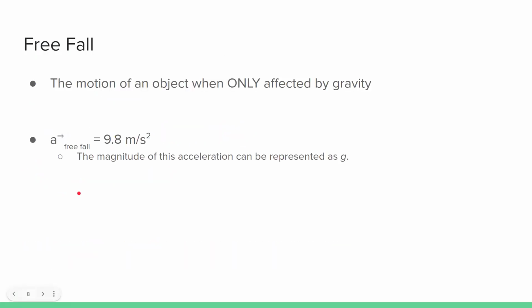All right, last thing I'm going to talk about just quickly is free fall. If an object is in free fall, then we are saying that it's only affected by gravity. In the real world, this doesn't happen because we have air resistance, and in AP Physics, we don't even talk about that. If you never took that class, then disregard what I'm saying.